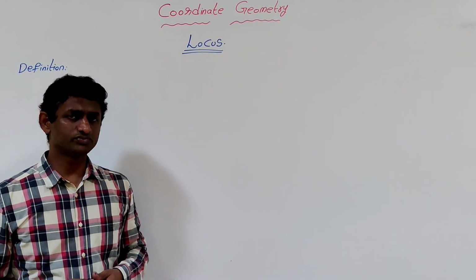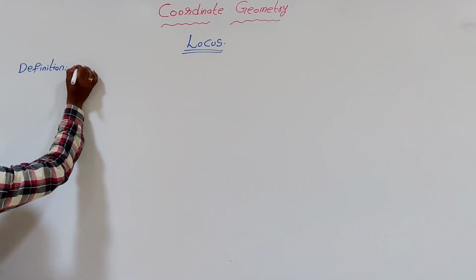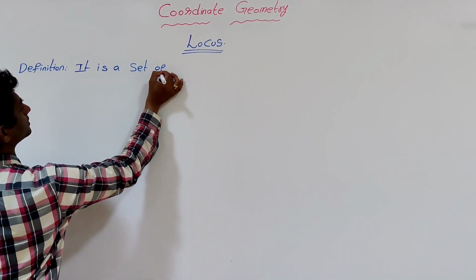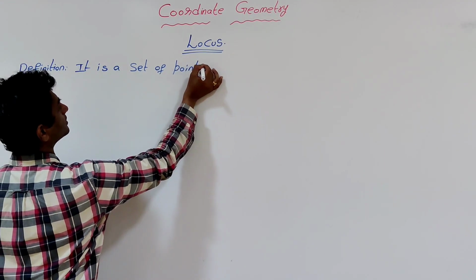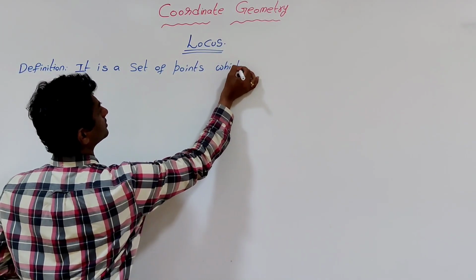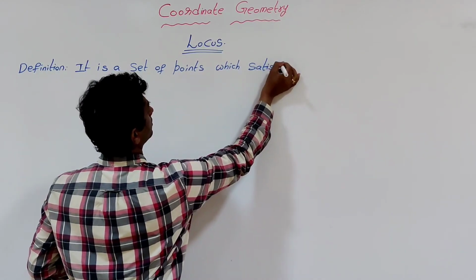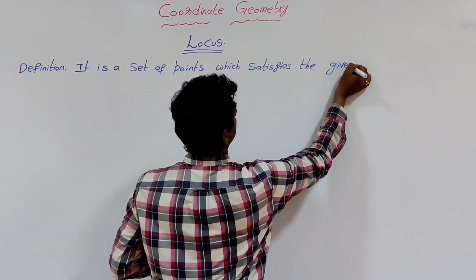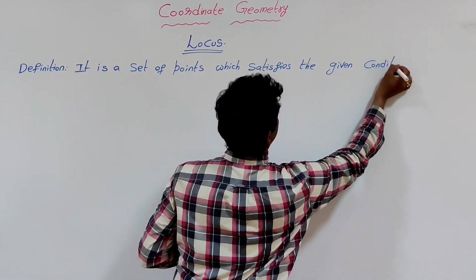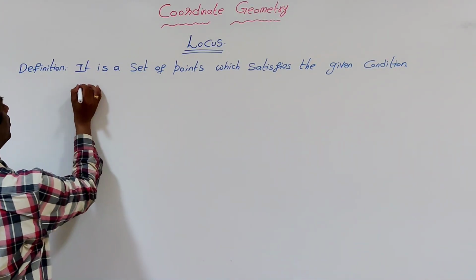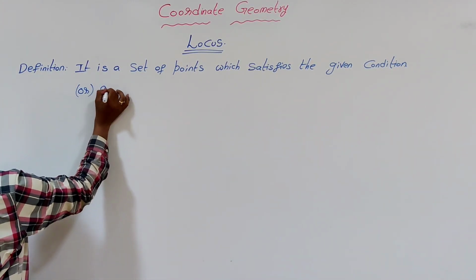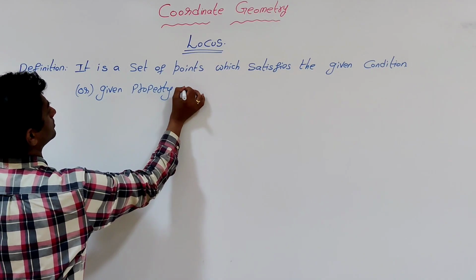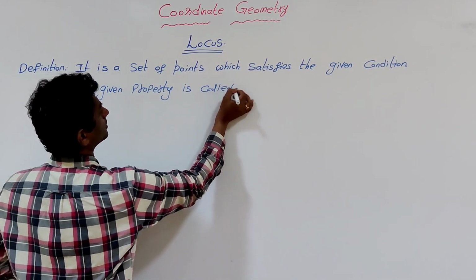Definition: it is a set of points which satisfies the given condition or given property is called a locus.